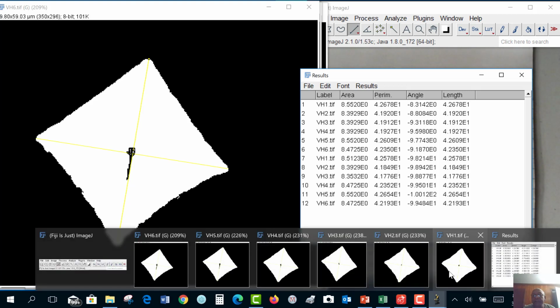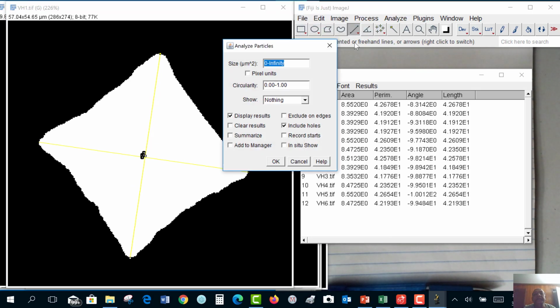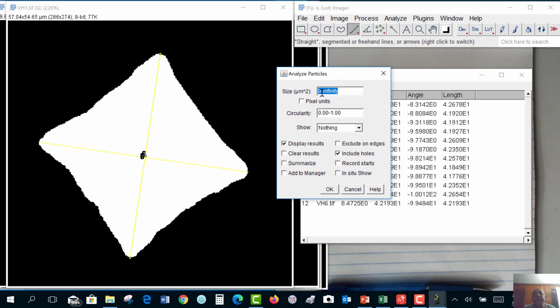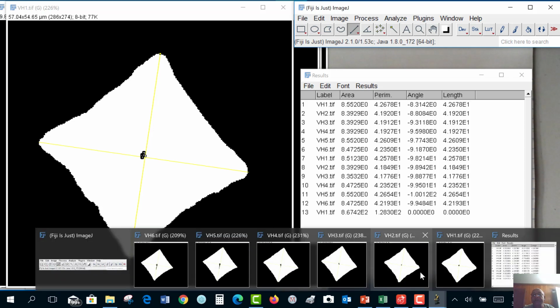Go to first image, and then we are going to say Analyze Particles. And in this we are going to say we only want sizes from 10 to infinity. We want to display results, and we want to include the holes. So you saw some might have had holes. So let's say okay. So we find there was only one particle. This was the area, 867 micron square. So we are going to do the same for every one of those.